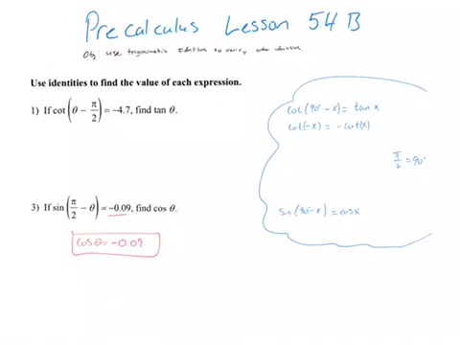Let's look at number 1. Number 1 is very similar, because remember this, right? 90 minus x is equal to tangent, and it's looking for tangent. However, this is 90 minus x, and this is x minus 90, essentially. So let's see if we can change this to look like this so we can apply this rule.